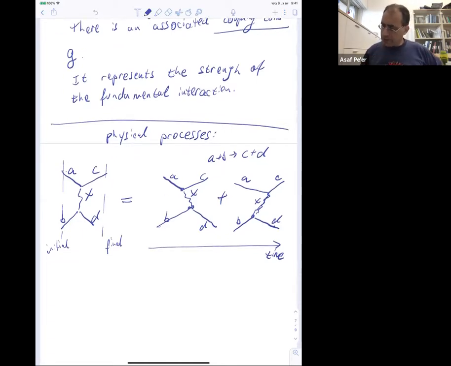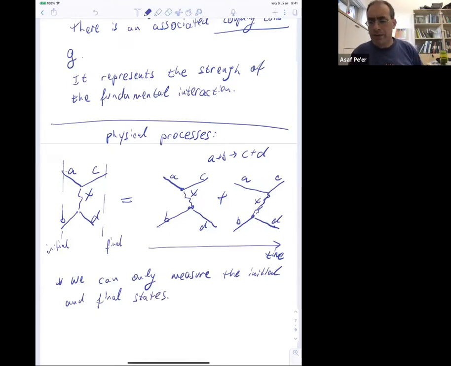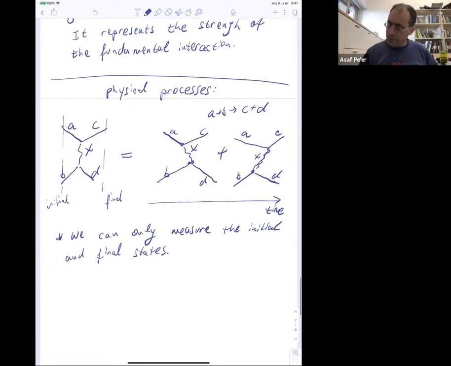So again, I want to stress that we can only measure the initial and final states. Everything in between is really a mathematical tool. In fact, these entire Feynman diagrams are really a great mathematical tool, but that's what they are, right? Everything in between occurs at a time which is determined by the uncertainty principle. So the intermediate particles are virtual particles.